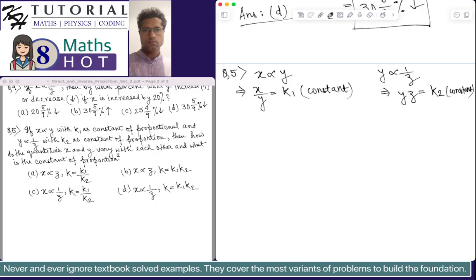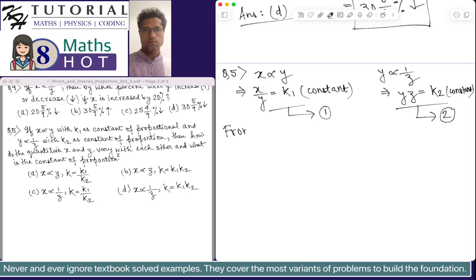Now if you consider this to be result 1 and this to be result 2, if you multiply these two equations, what we do is we multiply all the LHS and we multiply all the RHS, and then we equate the product of all the LHS with the product of all the RHS.